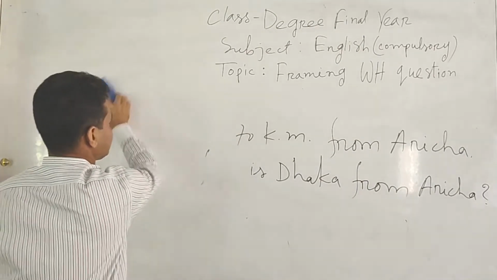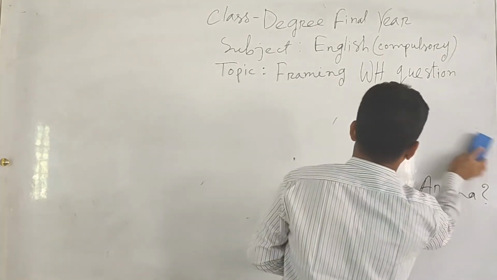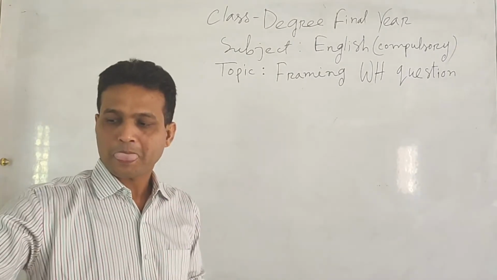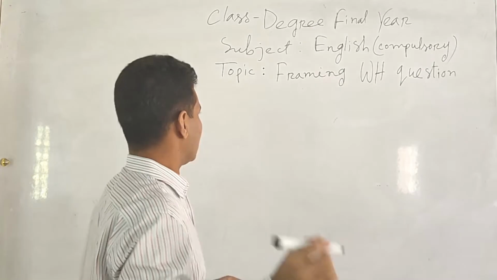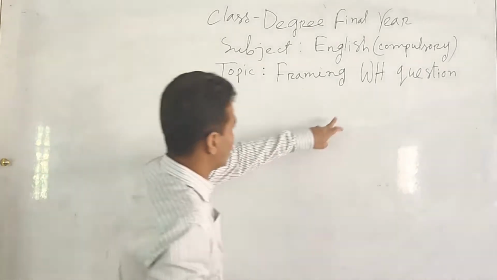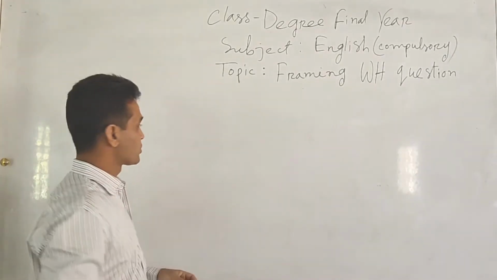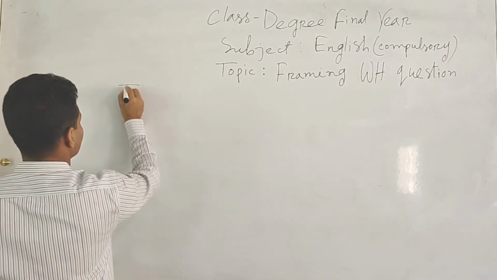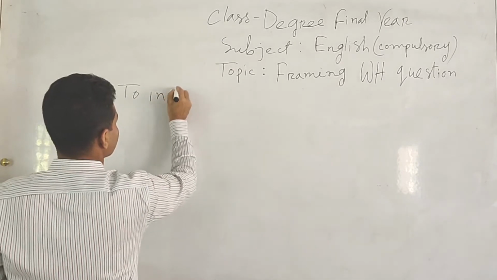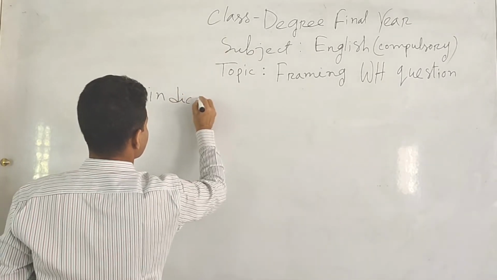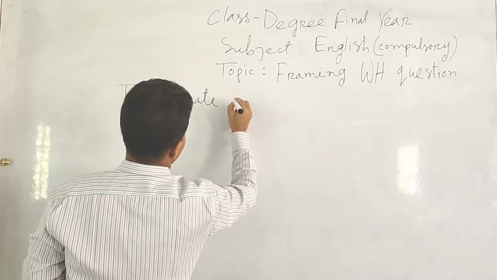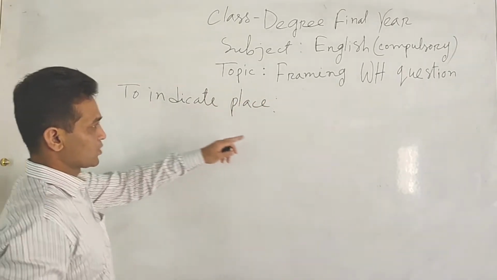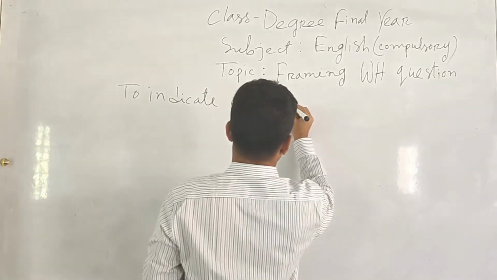Now we can discuss in details. Okay, to indicate place we use WH word where.